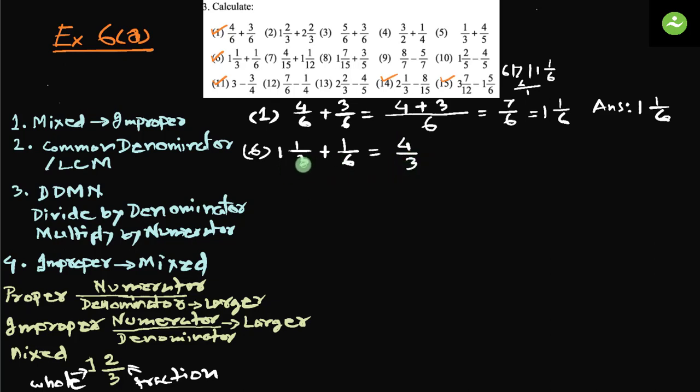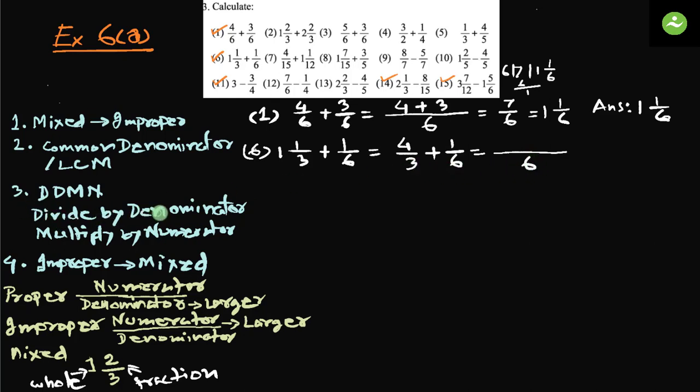When we change mixed to improper fraction, we do not change the denominator. Denominator doesn't change. Only the numerator changes. Okay, plus 1/6 equals to, now there are different denominators, so we have to find a common denominator. It should be 6.